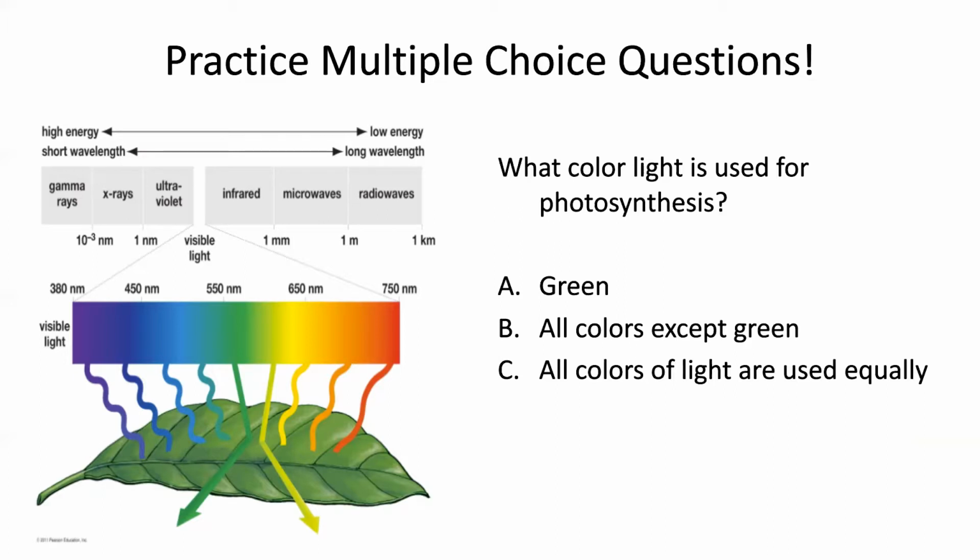The photosynthetic pigments absorb most colors, but don't really absorb green, and so green is reflected and refracted off of our leaf, making the leaf appear green to our eyes. So I asked in person, what's a plant's favorite color? And you want to say green because they look green to us, but really they use all the other colors to make food, and so that would be their favorite colors, everything except green.